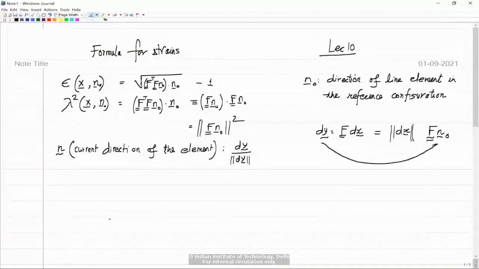And with this representation for dy, what do you think would be the current direction? Can we say that it is same as F n naught divided by mod of this thing, right?